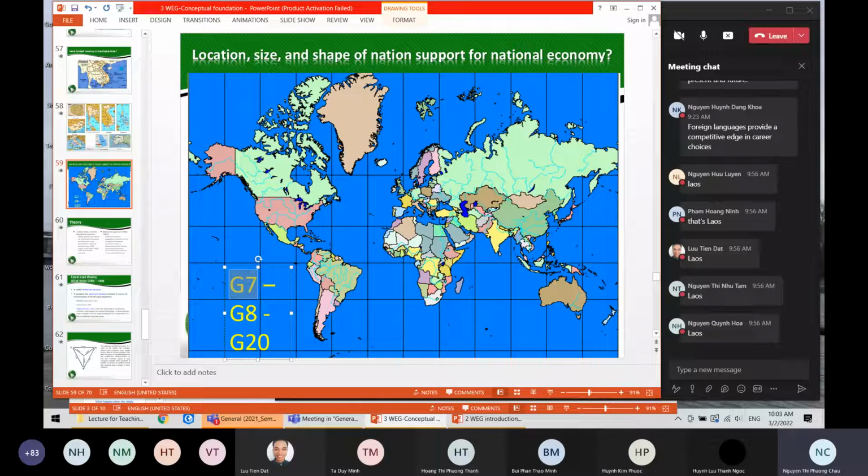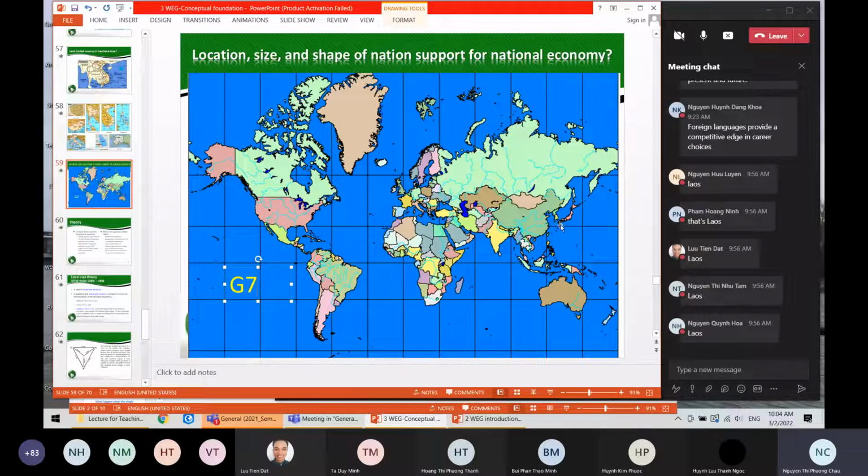Is there any relation to the absolute location, size, and shape of these G7 nations that supports them in having the strongest economies in the world? In G7, we see some special economies like the United States and the UK, and the emerging strong economy like Japan.